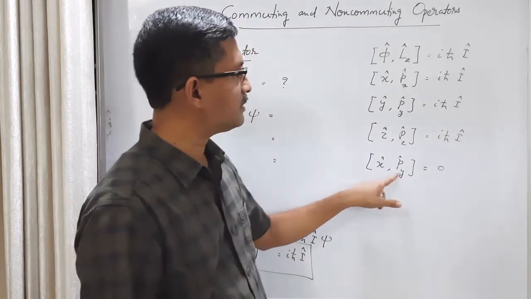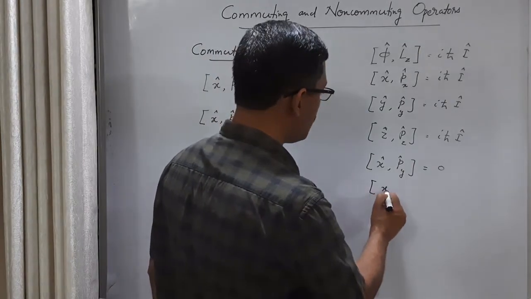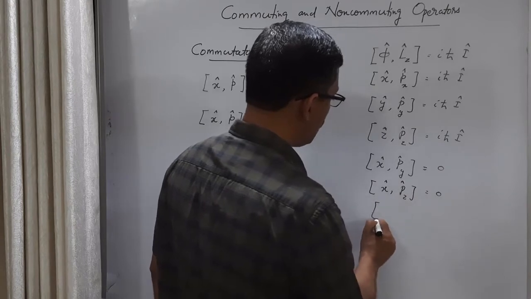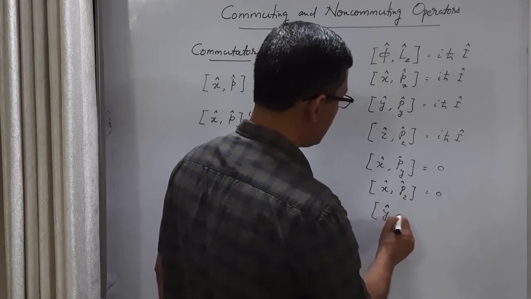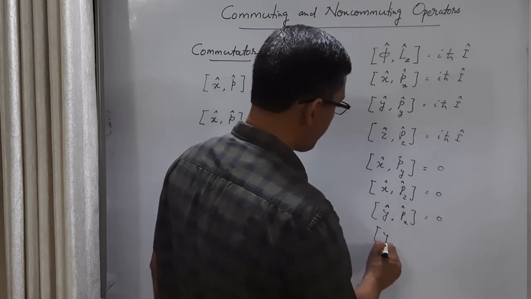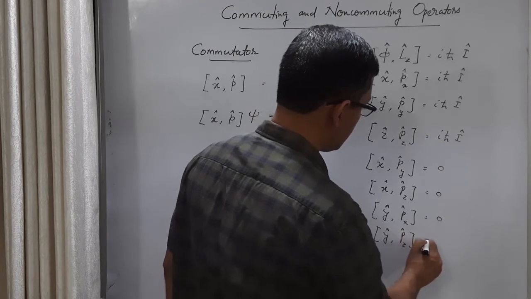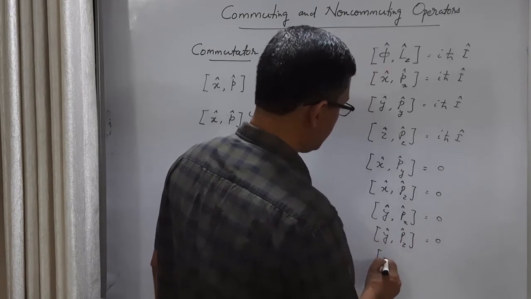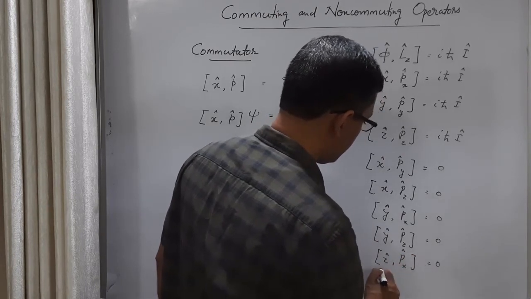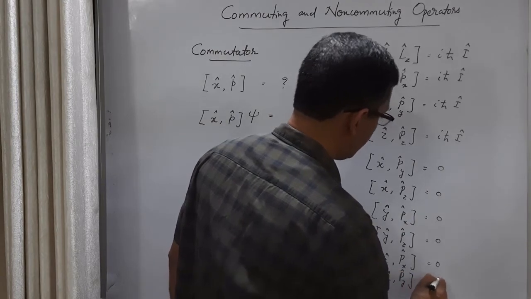Position along the x-axis and linear momentum along the y-axis are commuting, and similarly x comma pz is commuting, y comma px commuting, y comma pz commuting, then z comma px commuting, z comma py commuting.